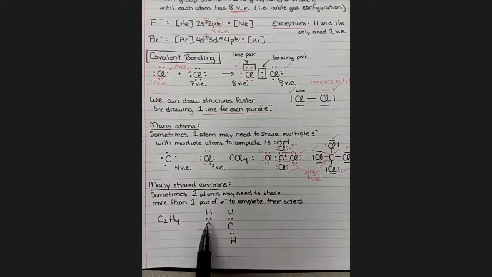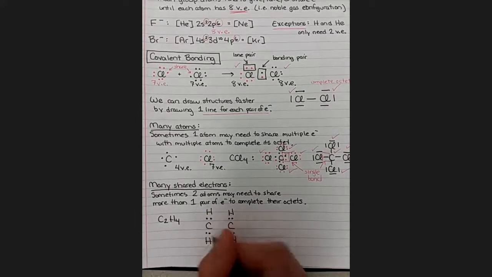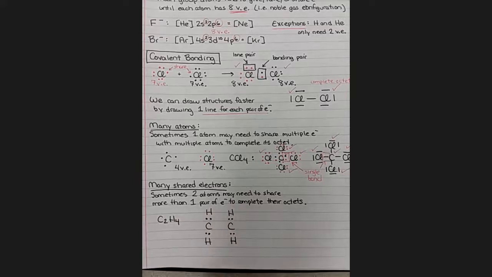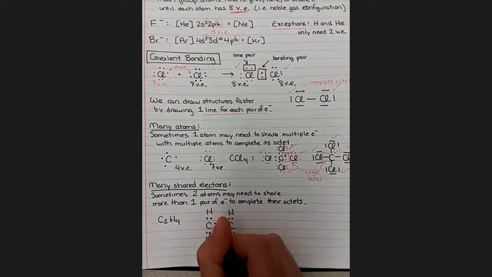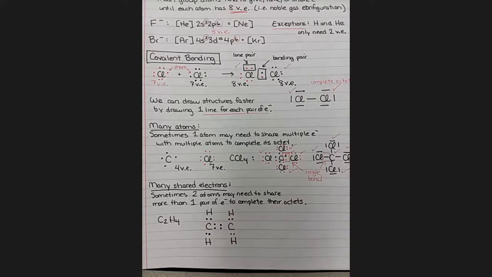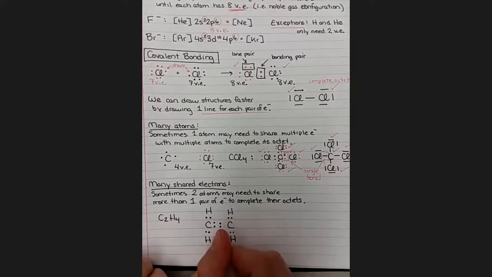And so carbon has used 1 of its own and 2 of its own. It has 2 left, and it gives both of those electrons into bonding in the center and 2 electrons from the other one. So now there are 2 bonding pairs, and so we call that a double bond.